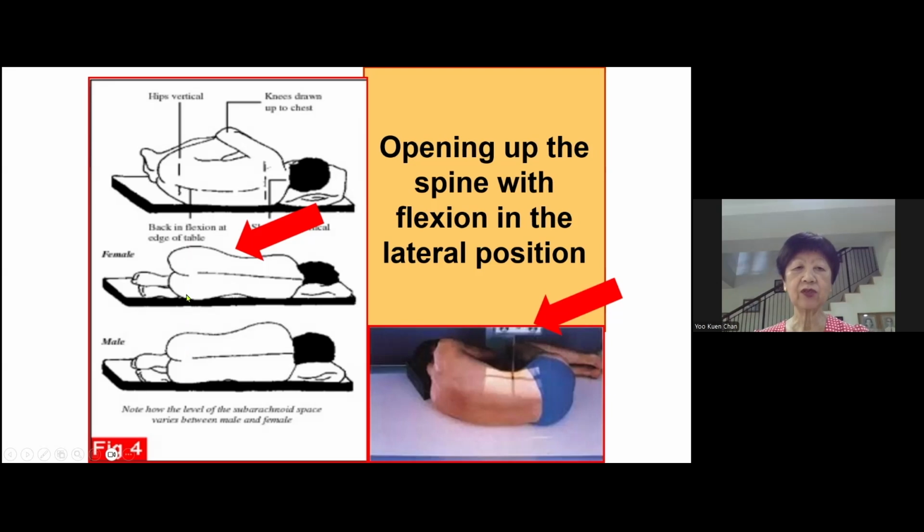Because of this gynecoid pelvis, if you put them on the trolley like this, you will find that you can't get the correct place to get in because the anatomy is going to be distorted by the gynecoid pelvis. So maybe a slight hang of this pelvis or this spine away, to take the pressure away from this gynecoid pelvis, will allow you to better enter the intrathecal space.